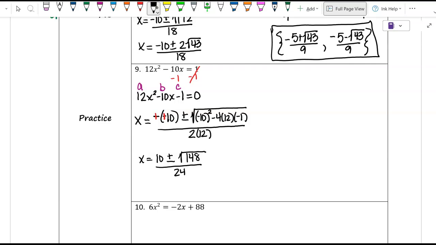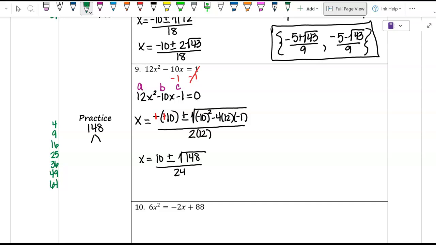Now, again, 148 is not a perfect square, so I need to see if I can find any perfect squares within it. So I'm going to look at 4, 9, 16, 25, 36, 49, and 64. Do any of those go into 148?